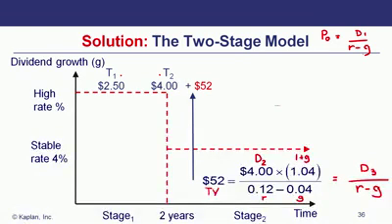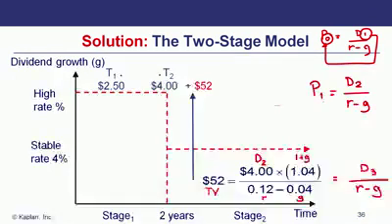It's simply the mathematical formula for the present value of a perpetuity with growth. And these formulas always start with the cash flow at the end of the period. If I start with D1, I get the price at time 0. If I start with D2, I would get the price at time 1. If I start with D3, I get the price at time 2.